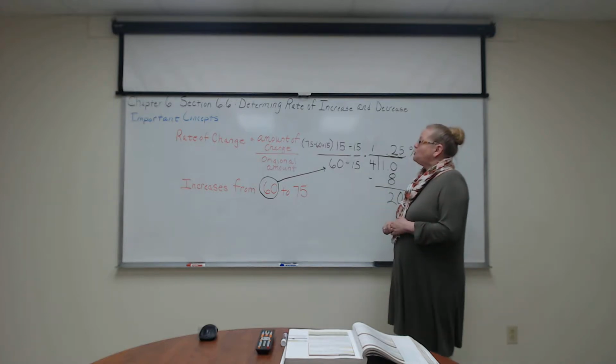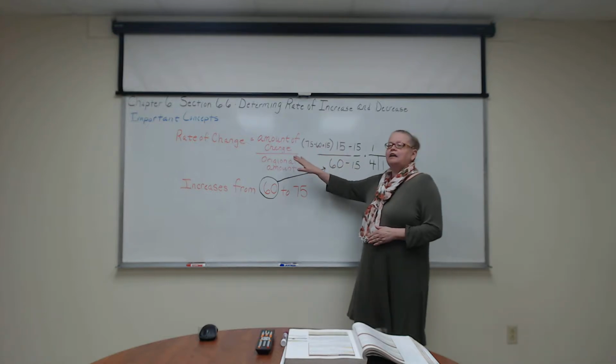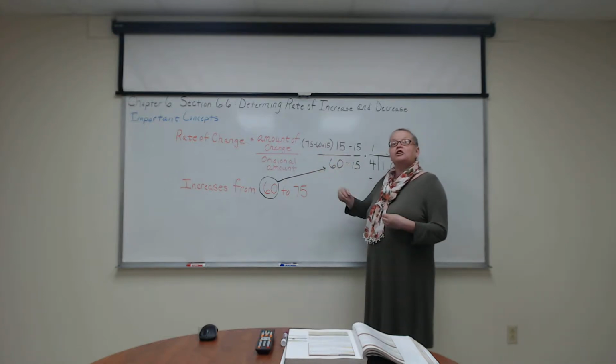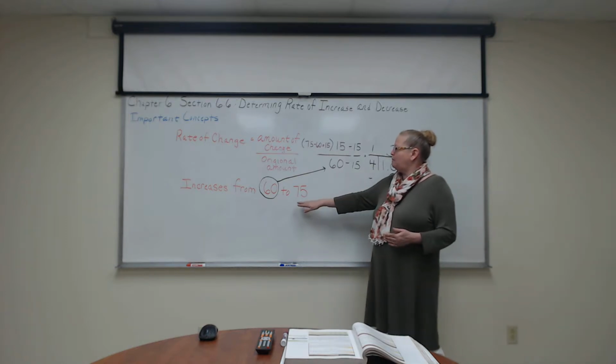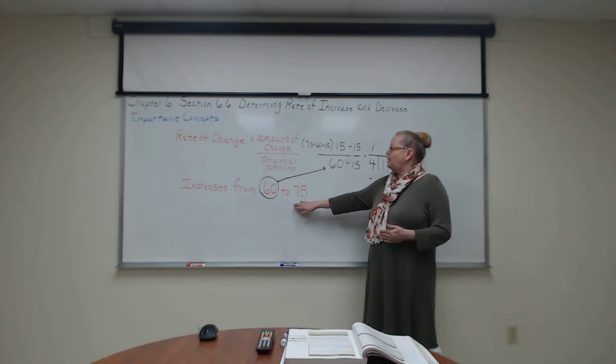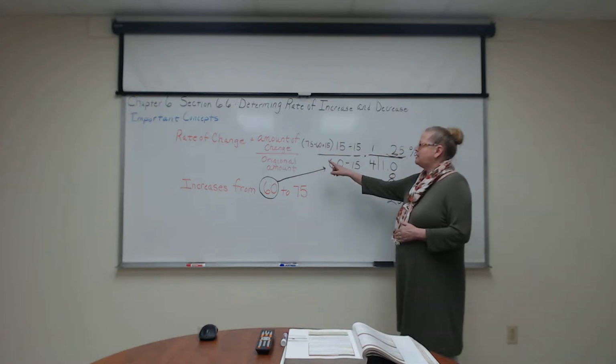So, when we're talking about rate of change, what we start with is the amount of change. How do you calculate the amount of change? In this problem, we're talking about an increase from 60 to 75, and we want to know what percentage that increase is.